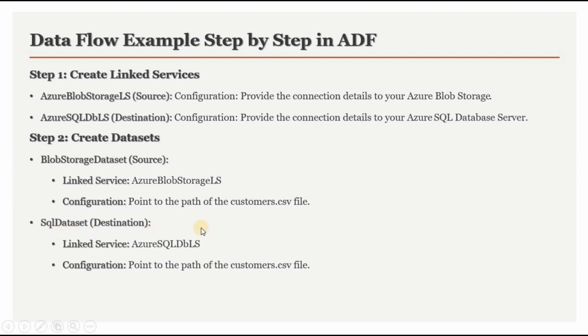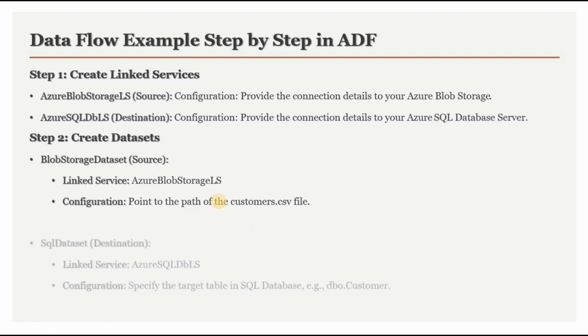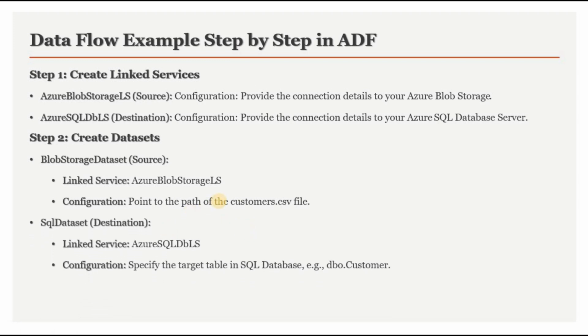Next we will create the SQL dataset. The linked service will be the Azure SQL DB LS, and the configuration will specify the target table in our SQL database. It will be dbo.customer.